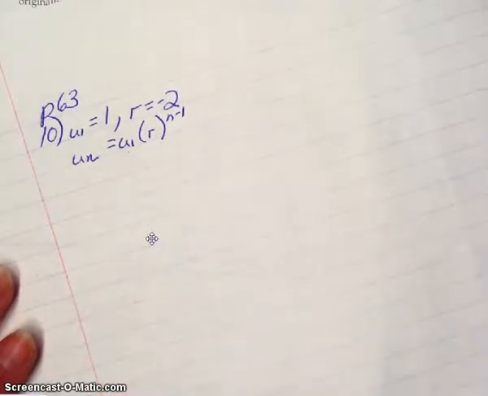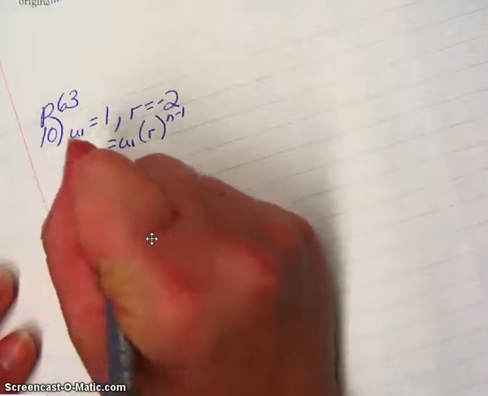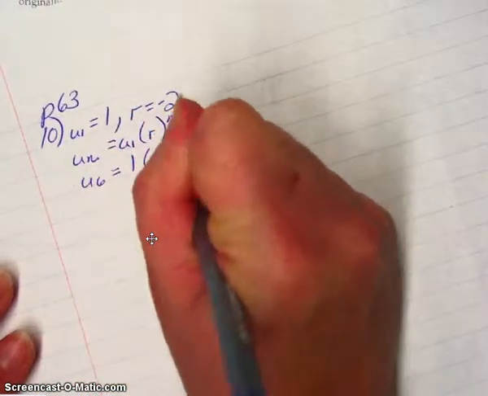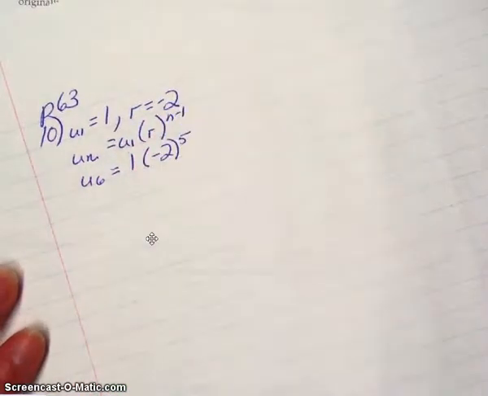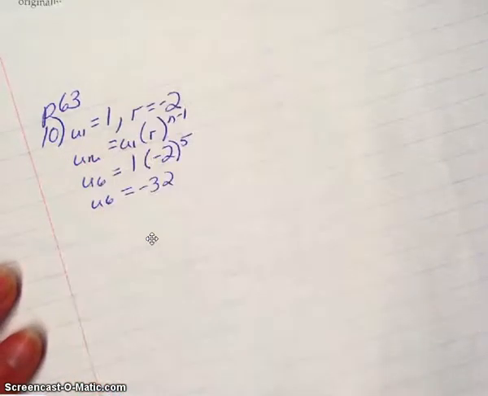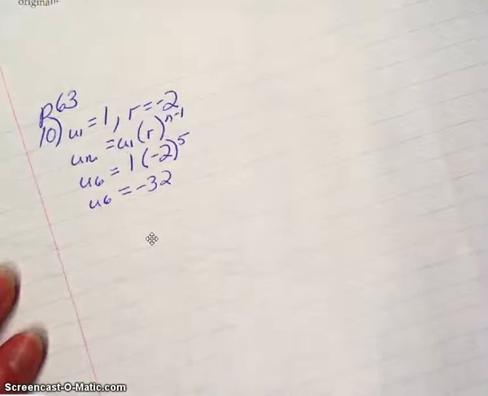So I'm just going to plug in 6 for n. So I have u sub 6 is equal to 1 times negative 2 to the power of 5, and negative 2 to the power of 5 is negative 32. So that was the first question they asked me. What is u sub 6?